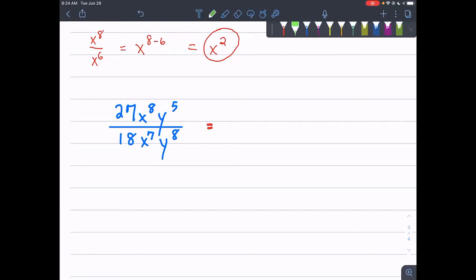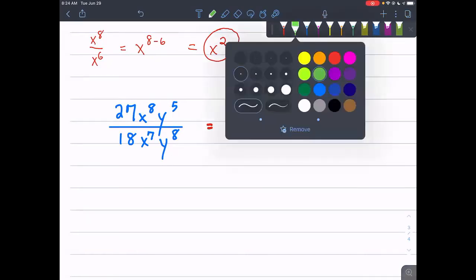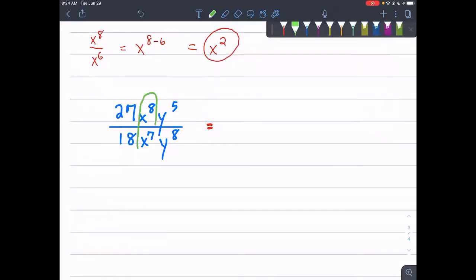You'll see several examples where you can do that. This one though, nothing is exactly the same. You don't have 27 on bottom. We don't have x to the 8th on bottom. So just a reminder of what we're doing with the 8 and the 7, we're going to subtract those exponents. With the 5 and the 8, we're going to subtract those exponents.